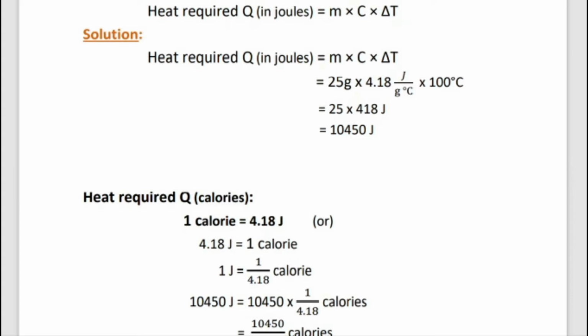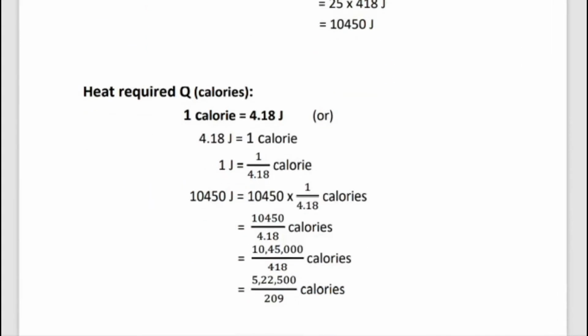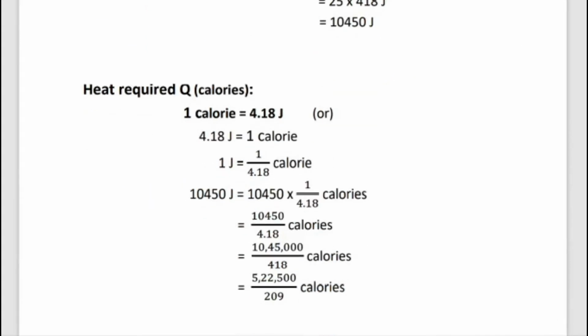So 4.18 into 100 is equal to 418. So heat required Q is equal to 25 into 418, which is 10,450 joules. To calculate in calories, we know the formula: 1 calorie is equal to 4.18 joules.